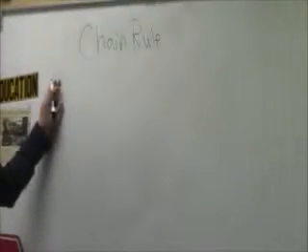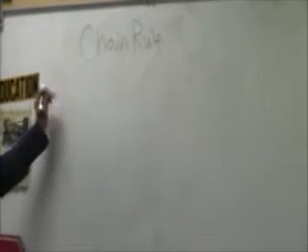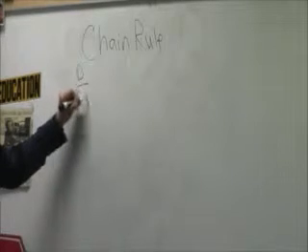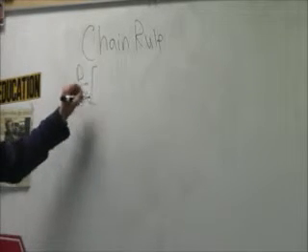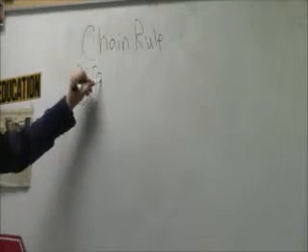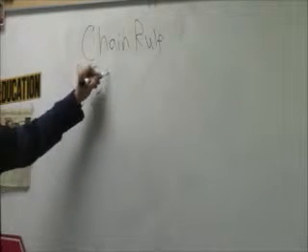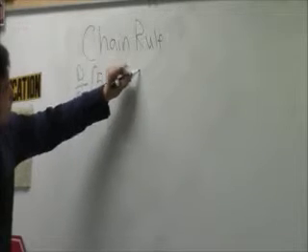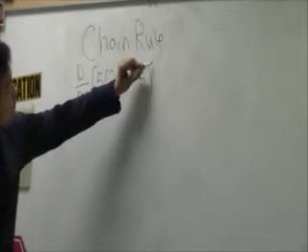This is the chain rule in depth. So we're going to start with d over dx of 5 times (2x squared plus 5) all to the 4th power.